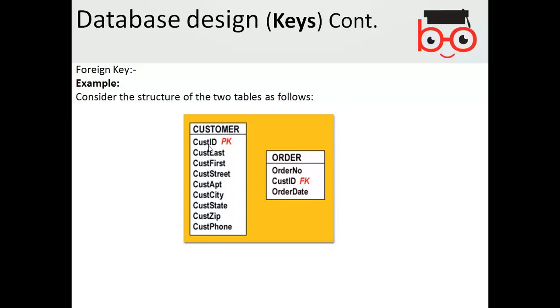Then you could connect the customer table with the order table by reducing the number of fields, such as when you need to use a customer ID, then you could connect the customer ID column in the customer table with the customer ID column in the order table.